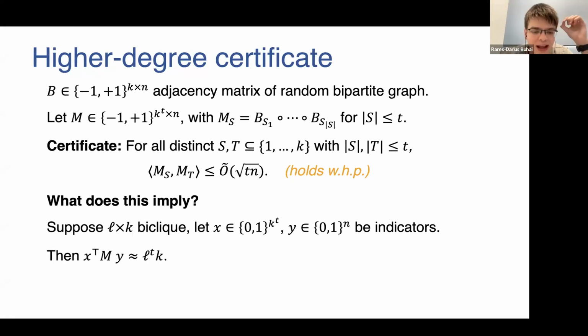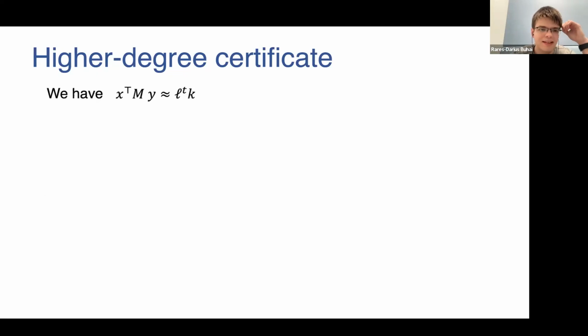So then X transpose MY is going to be L to the t times K. Because how many subsets of size at most t are there of the left-hand side of the biclique, which has size L? Well, it's roughly L to the t. And now, the last step is, as before, we want to also obtain an upper bound on the same quantity and derive a certificate from this. I'm not going to go through the calculation.